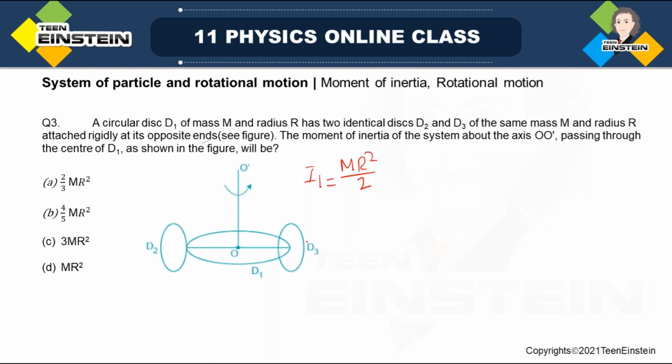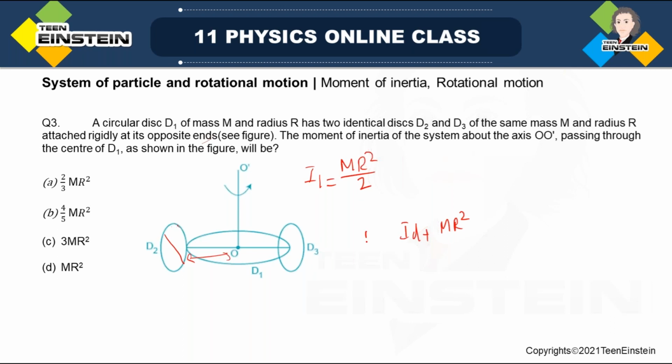So we can write, this is an axis about which we have to find, and this axis is actually parallel to this diameter. So we can find the moment of inertia about the diameter plus md square, where d is r, so mr square.